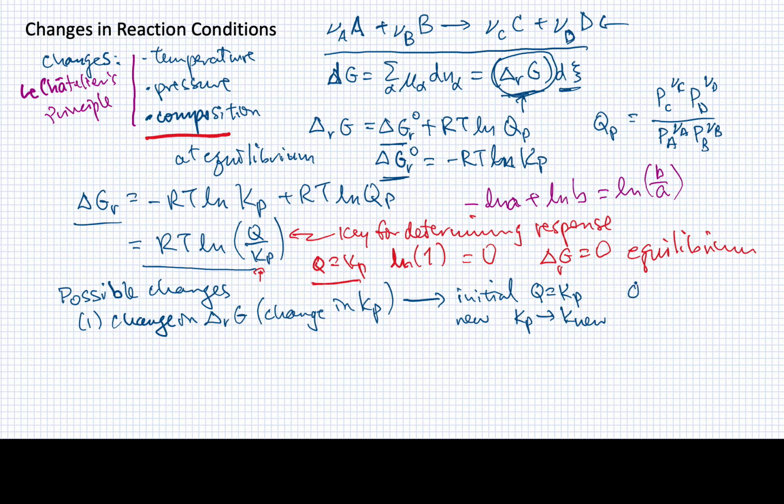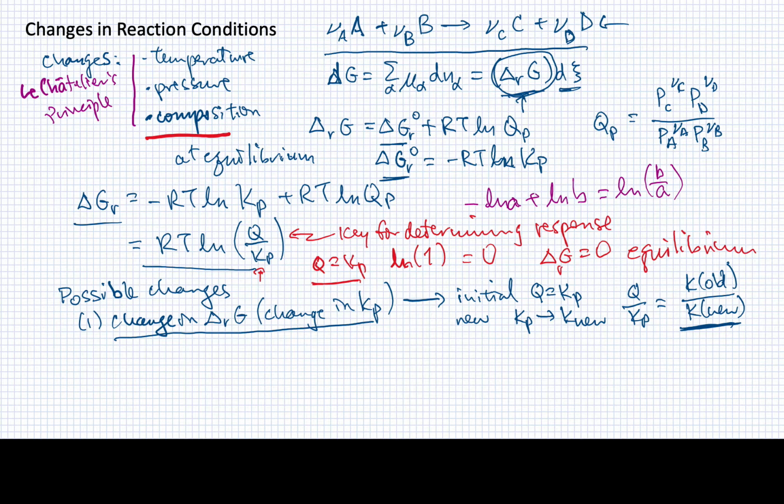So that means my ratio of Q over Kp is in fact going to equal essentially K of my original mixture, K old, divided by K new. All right, so it's evaluating what this is doing between the old and the new that I would be caring about if this is the place where I'm focusing my attention.